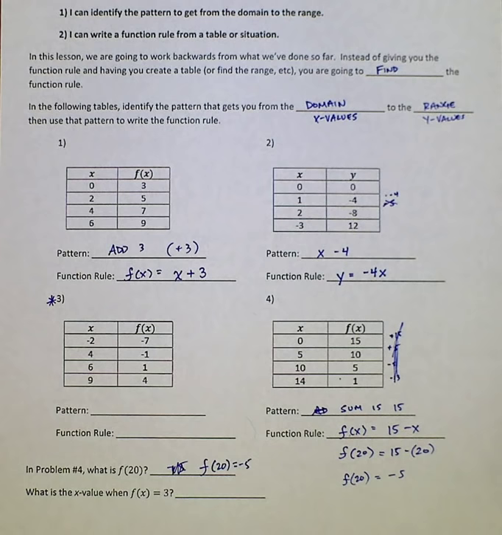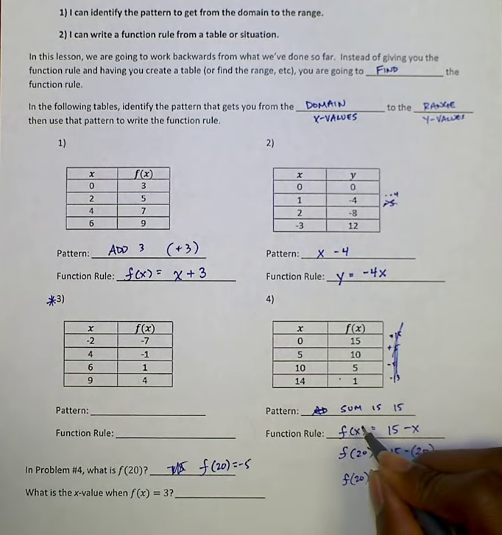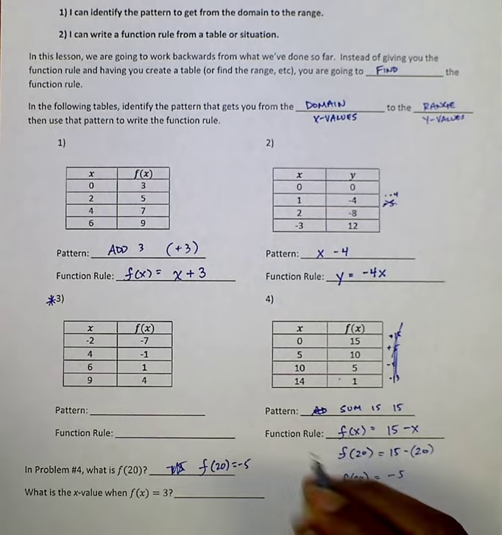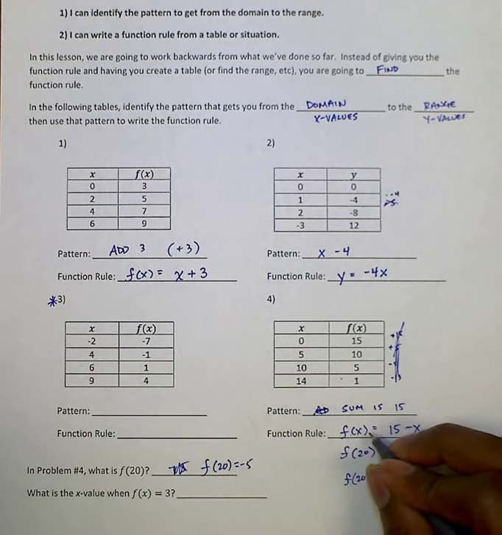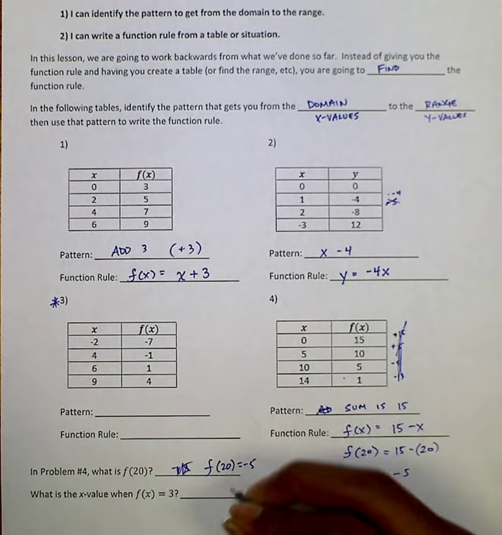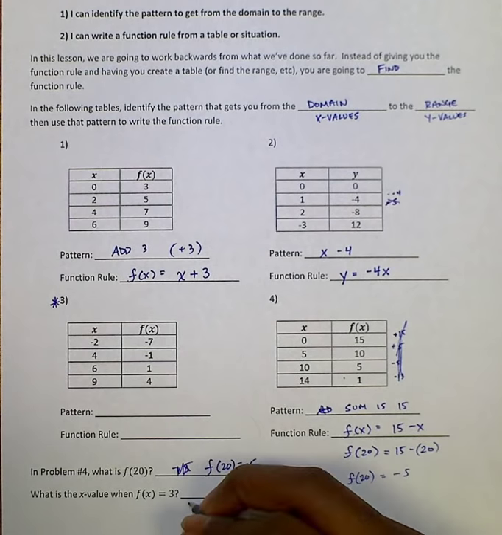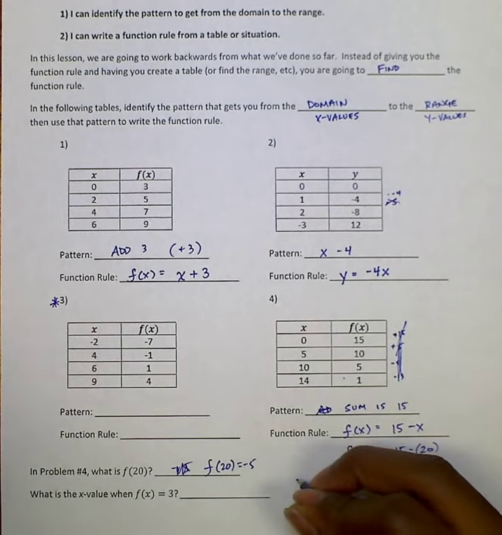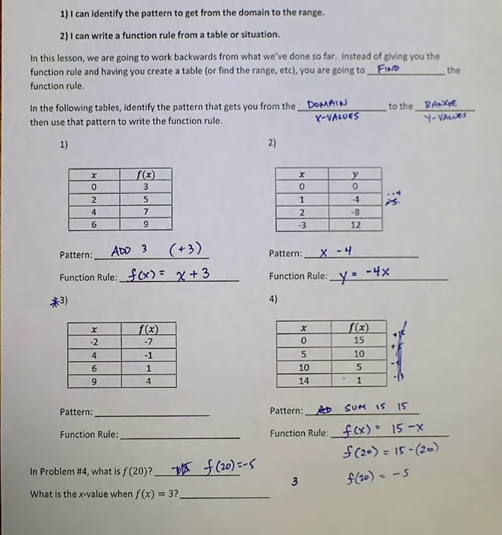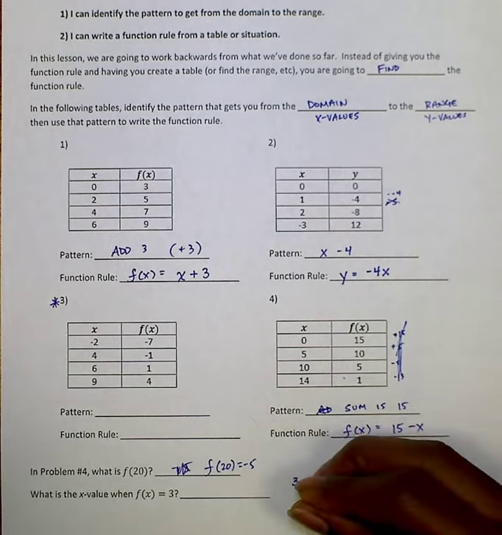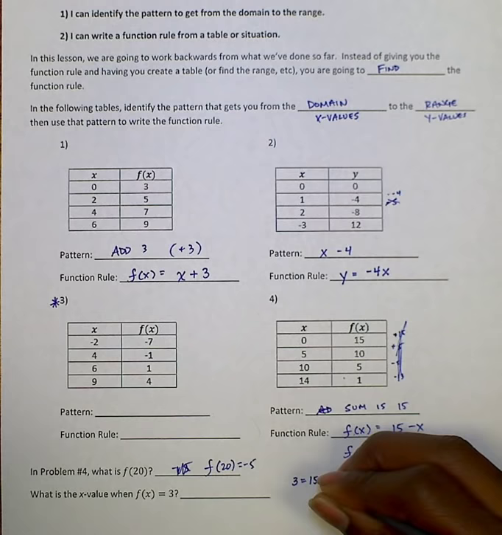Alright. Here it says what is the x value when f of x equals 3? Okay, so still looking at number 4. They tell us f of x is 3, and so what we can do now is say, okay, we know this part of the equation. It's 3. Make sure I'm writing someplace where I have space. Okay, 3 equals 15 minus x.